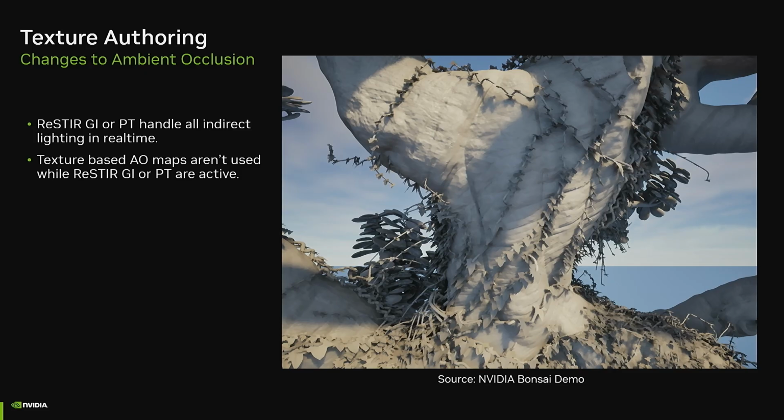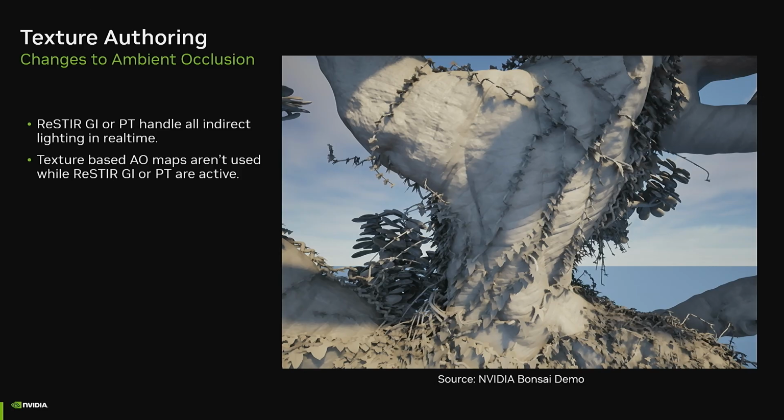We're not doing screen space ambient occlusion, DFAO, those sorts of things. What used to be ambient occlusion is now your GI. So all of your indirect lighting, your shadows, those sorts of things that we would approximate with ambient occlusion in the past are now being done in a path traced way. So I guess that's point number one.